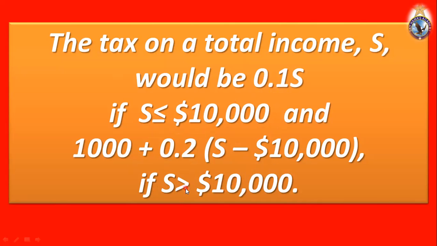So this will make a lot of difference if your income is crossing this limit of $10,000. So that's why this is called the piecewise function.